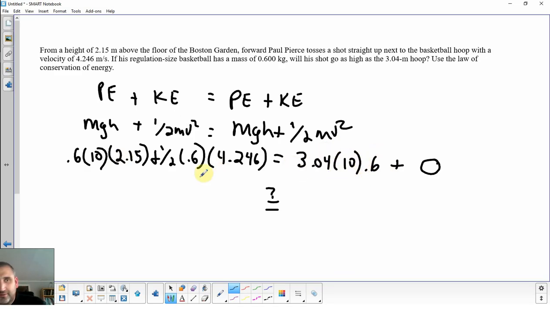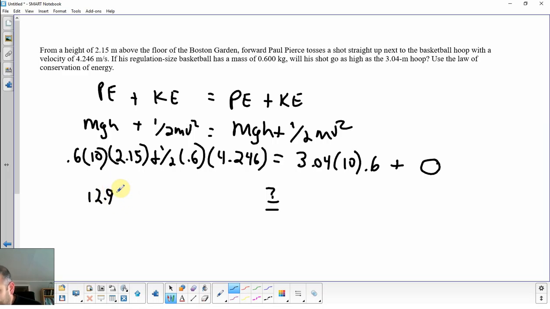Is there enough energy on this side to get the ball to this much energy on this side? And then you just kind of plug it in. It's not even like you're solving for something. You're looking at the initial energy before and the final energy after. So 0.6 times 10 times 2.15, that is 12.9 joules.